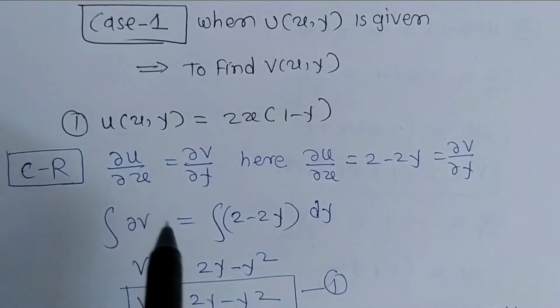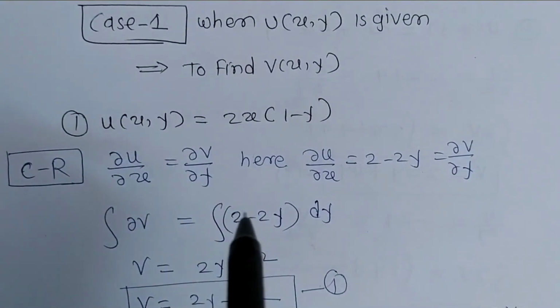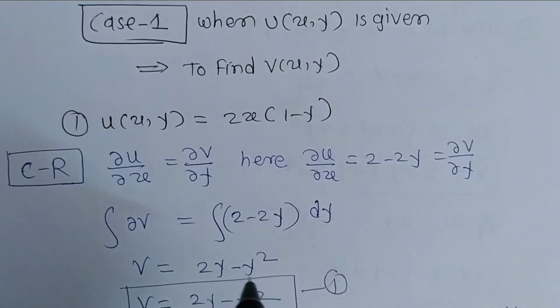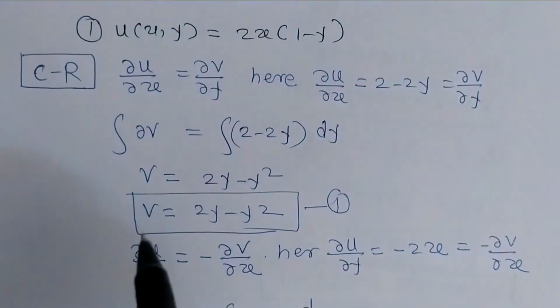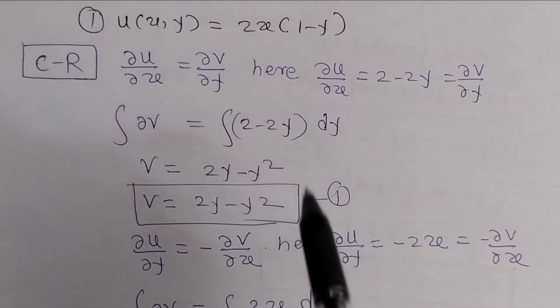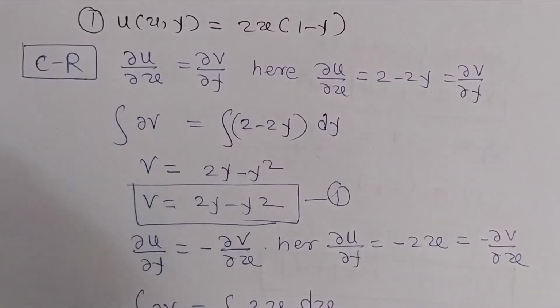The integration of dou v is equal to the integration of 2 minus 2y dy. So v is equal to 2y minus y square. This is the first equation.